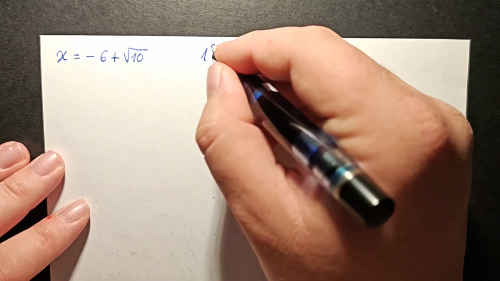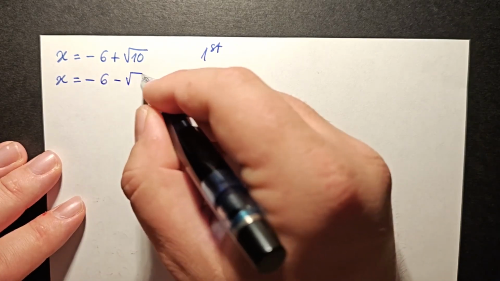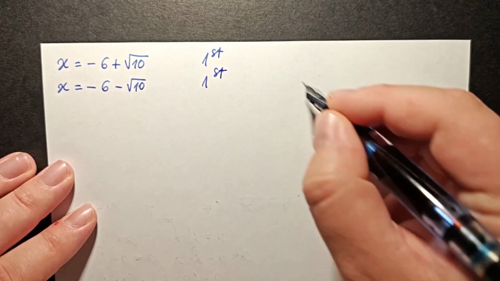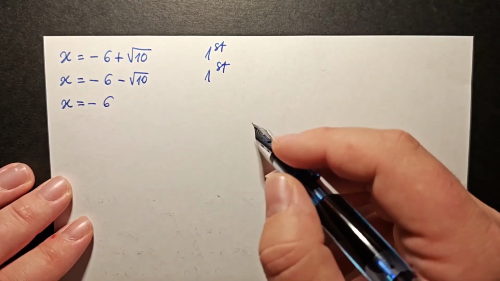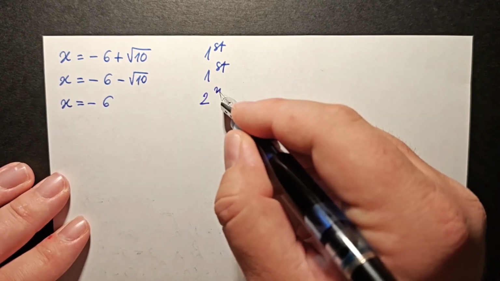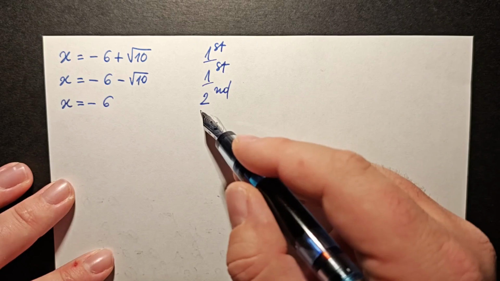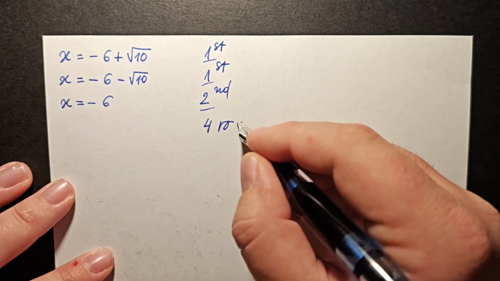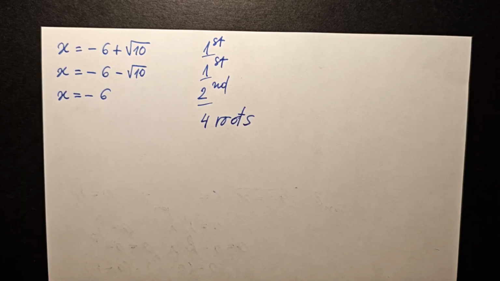This is a root of first degree. We have that x is negative 6 minus the square root of 10. Again, this is a root of first degree. And we have that x is equal to negative 6, and this is a root of second degree. And that is 1 plus 1 plus 2, which gives us 4 roots. And those are all solutions of our problem.